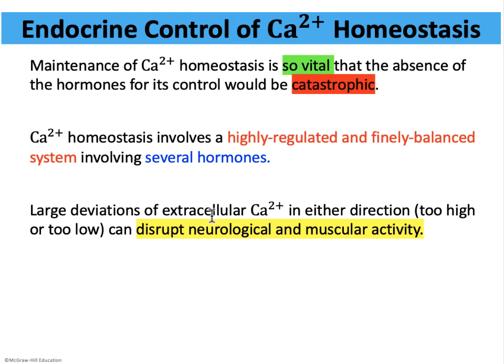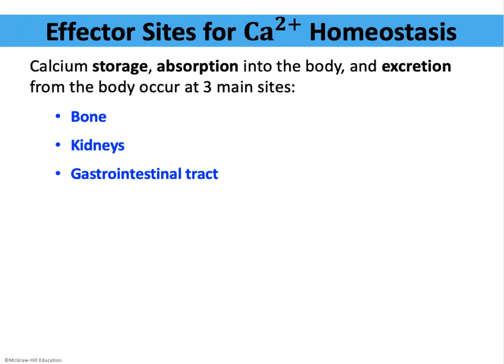Any substantial deviation in the extracellular calcium will disrupt many of the activities that we just mentioned, particularly the specialized cells of the nervous system and the contractile units, the muscles. The concentration of calcium is like a mathematical equation. The storage takes place in the bone.